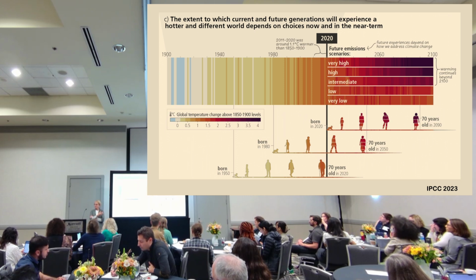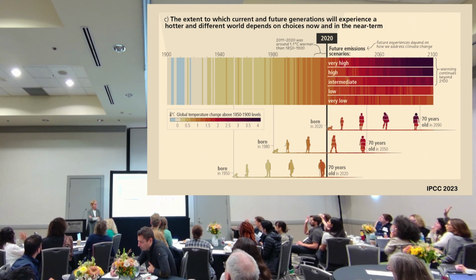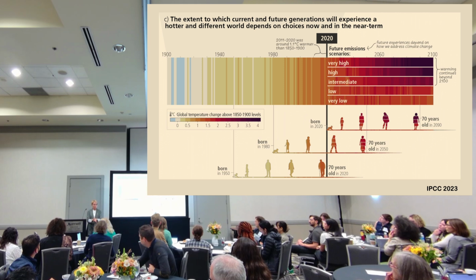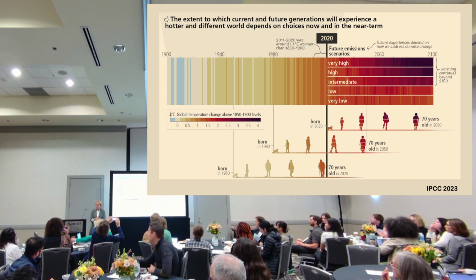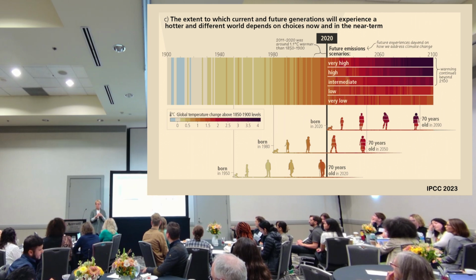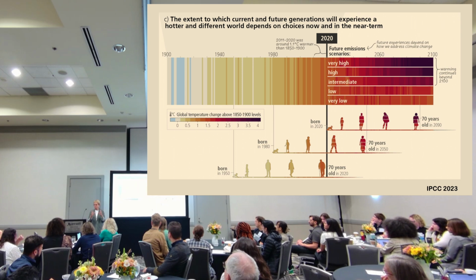How many of you have seen this figure? A few of you have. Every Intergovernmental Panel on Climate Change assessment cycle ends with a synthesis report. There's always a figure in the synthesis report that shows how much global mean surface temperature has shifted over pre-industrial times, and then projections out into the future, typically 2100, under 4 or 5 different scenarios of greenhouse gas emissions.